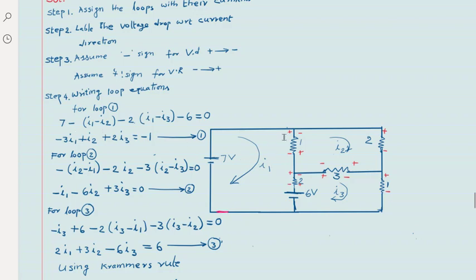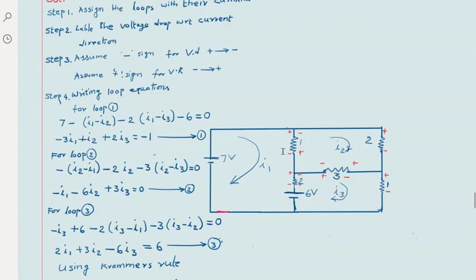Next, in this loop 1 there is a 1 ohm resistor here, so we have the polarity here plus first, next negative. Plus first, next negative means it is a voltage drop, and voltage drop will get the negative sign. So minus 1, that is the R value, into the currents flowing.